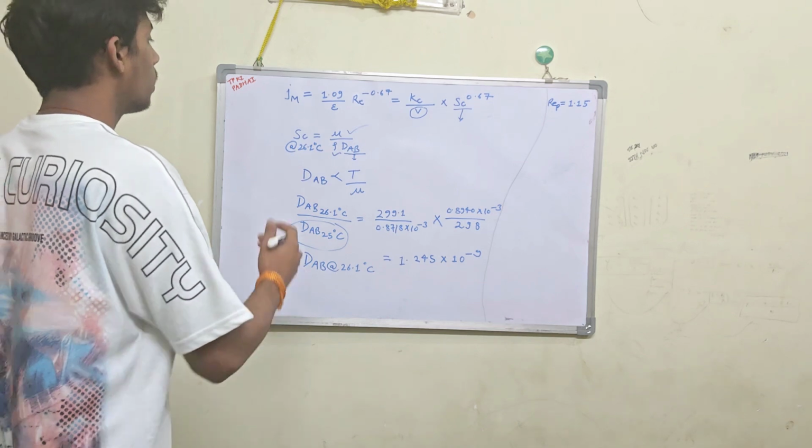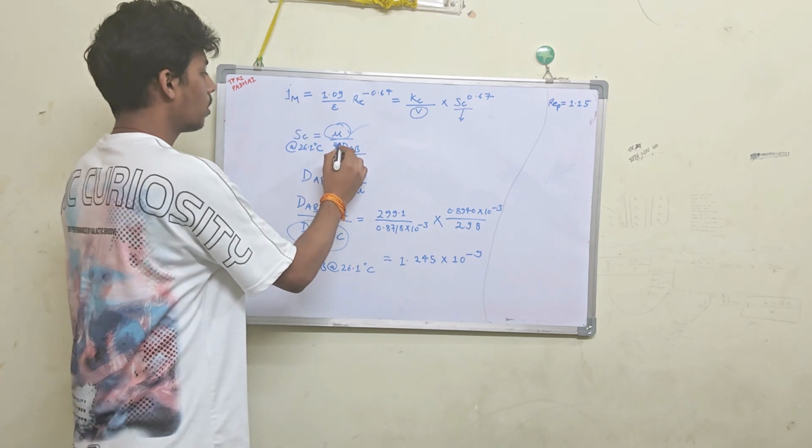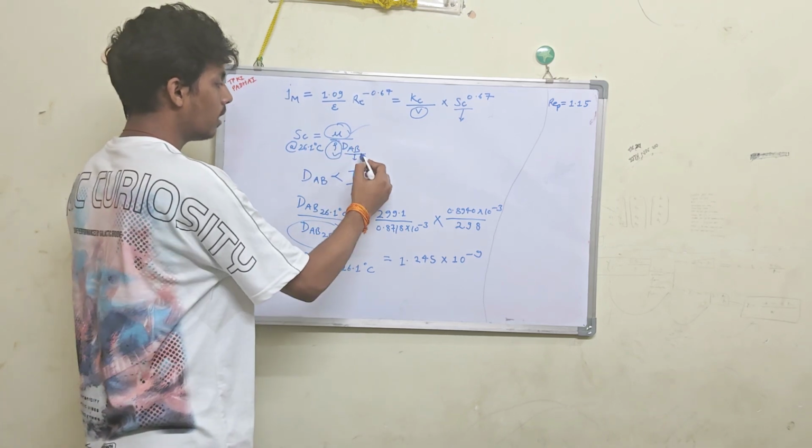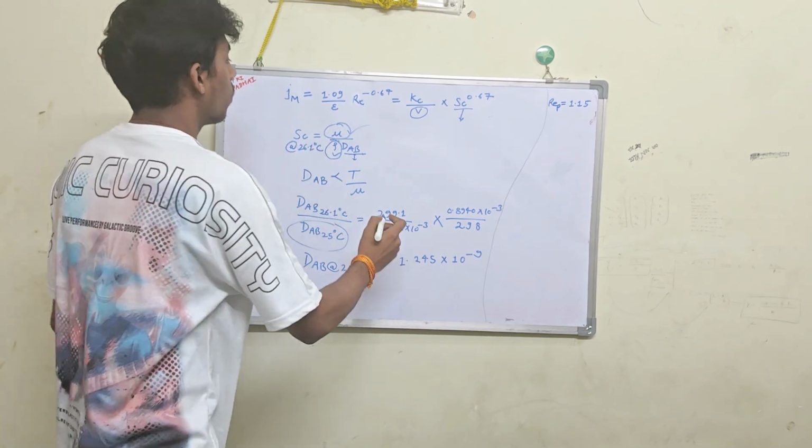So now everything is known. The viscosity at 26.1 degrees Celsius is known. This density is known, and DAB we have just calculated. So we'll put all these values into this formula.